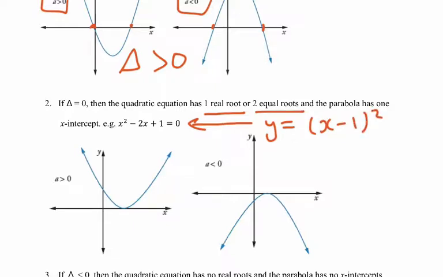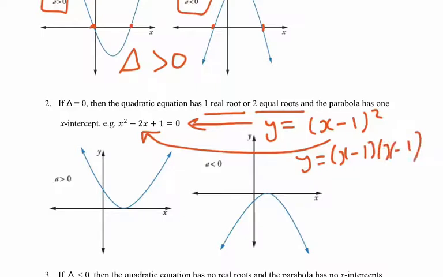So x minus 1 squared is equal to x squared minus 2x plus 1. I could write that parabola as x minus 1, x minus 1. So I've got only 1 root, but actually I've got 2 roots which are equal at x equals 1.